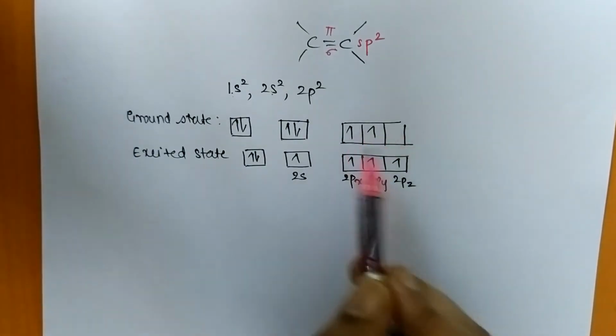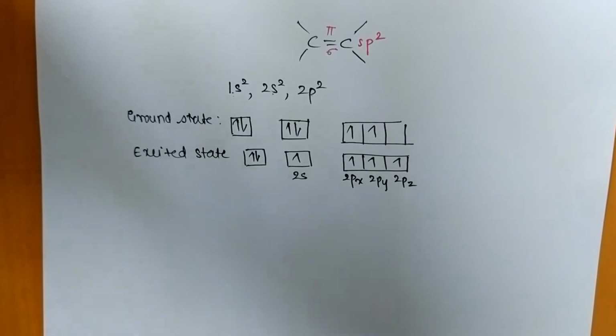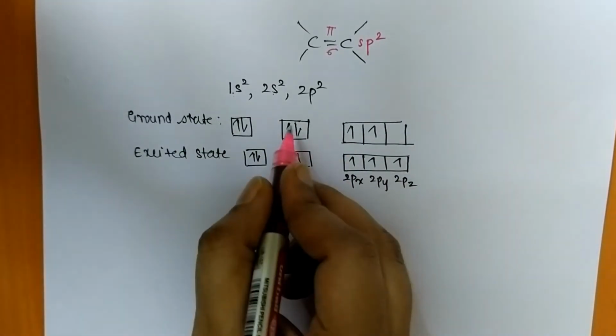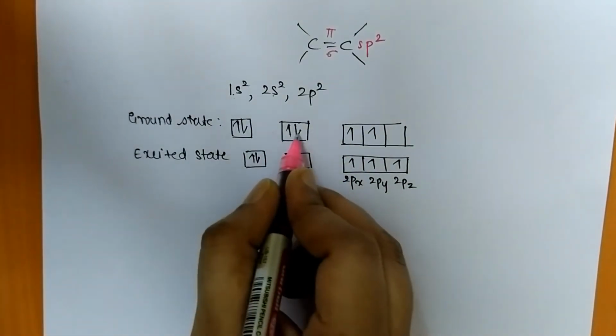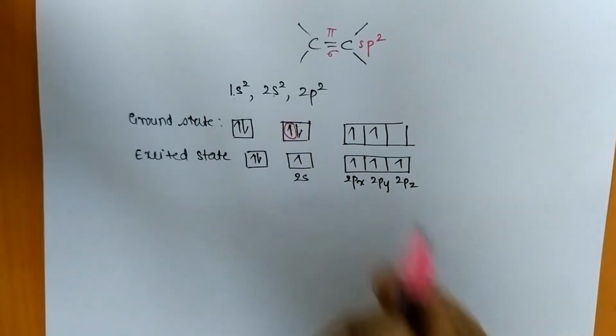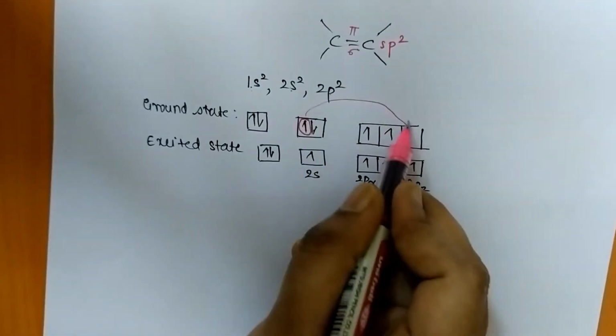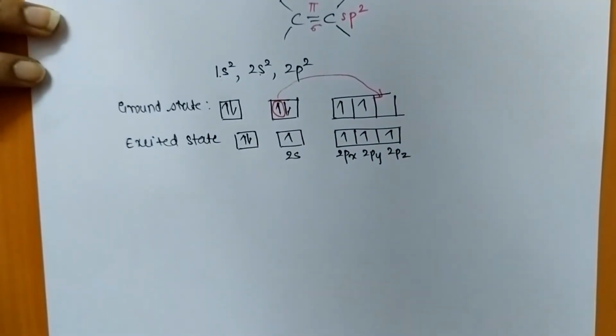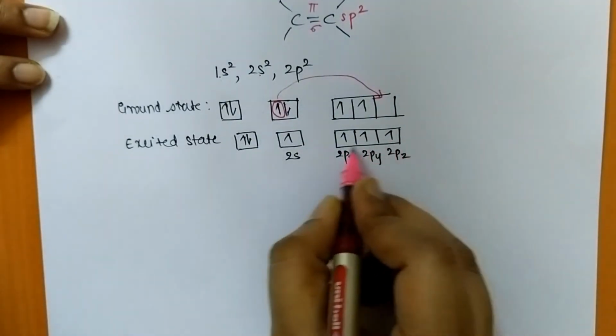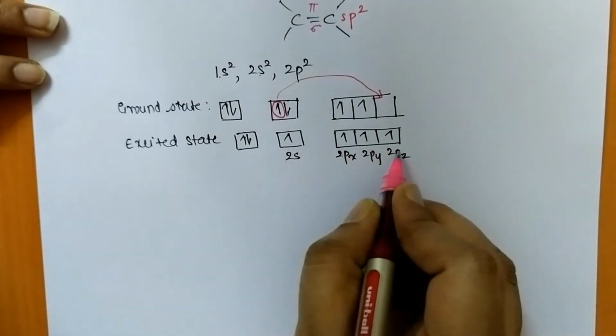But it does not contain 6 electrons in the 2p orbital. Now in the excited state, one electron from the 2s orbital gets excited towards the 2p orbital, and therefore we get a configuration like this.